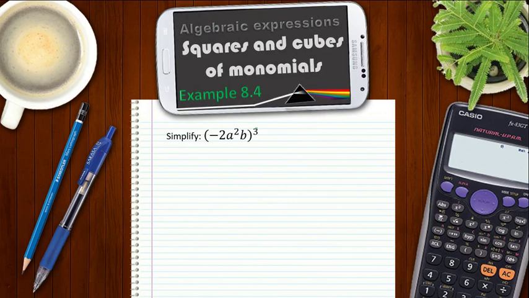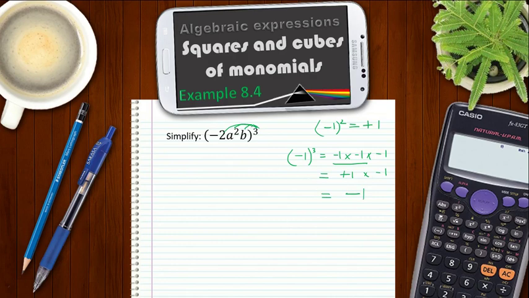Now, what happens with a negative number when it's cubed? If I square a negative number, as we saw, it becomes a positive number, because minus times minus is positive. But when I have minus 1 cubed, I have minus 1 times minus 1 times minus 1. So this and this become plus 1 times minus 1, but then plus times minus gives me a negative again, negative 1.